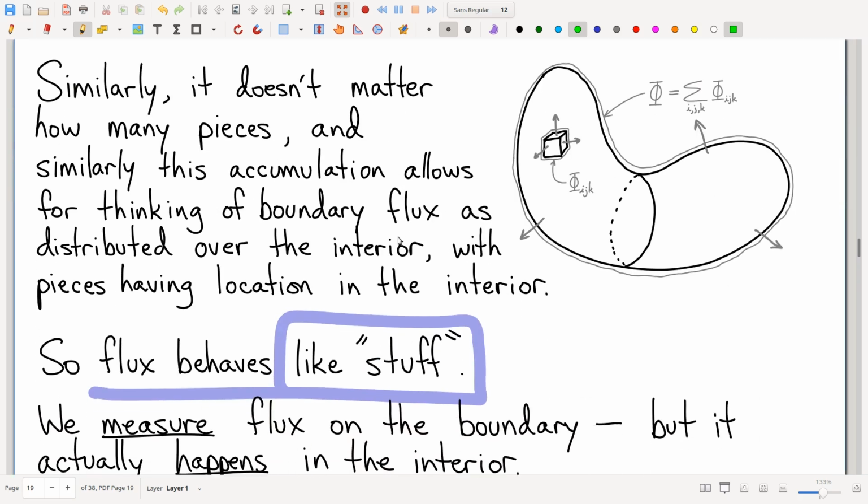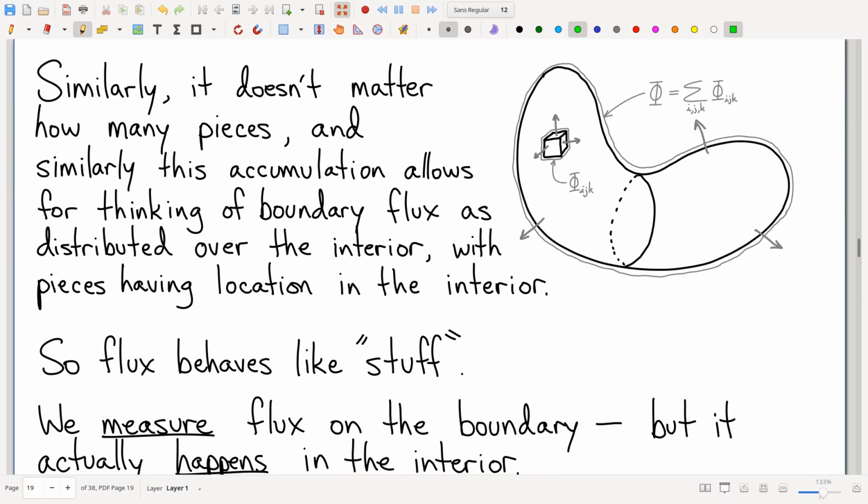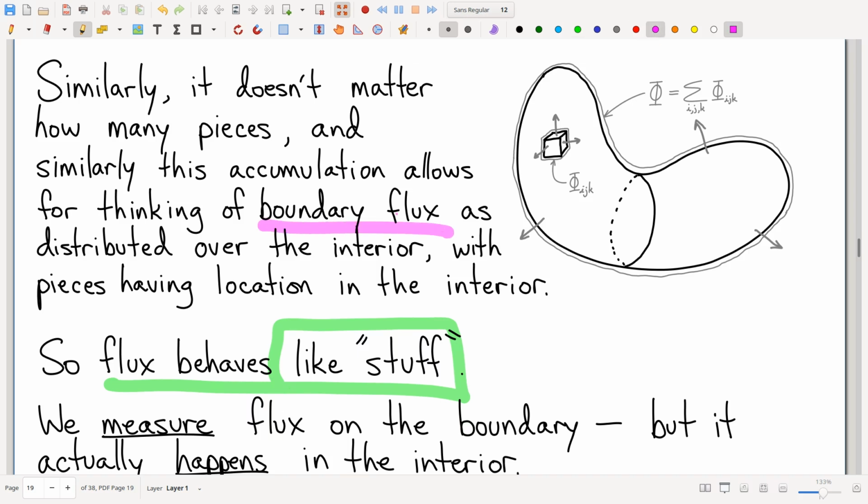So now I'm going to be quick about this part. The big punchline is that flux, boundary flux that is, behaves like stuff. And it kind of doesn't feel like it should, because when you talk about boundary flux, it says the word boundary right there, and you compute it on the boundary, and so you think of it as something that happens on the boundary. And that's an illusion.